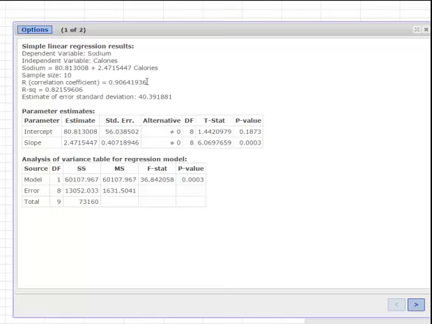We could compare that to Table 11, find a critical value for it, or we could base our decision on the p-value from the corresponding t-test statistic. So we've determined that we do have a strong linear relationship. This correlation coefficient is positive, so that's indicative of a positive linear relationship.